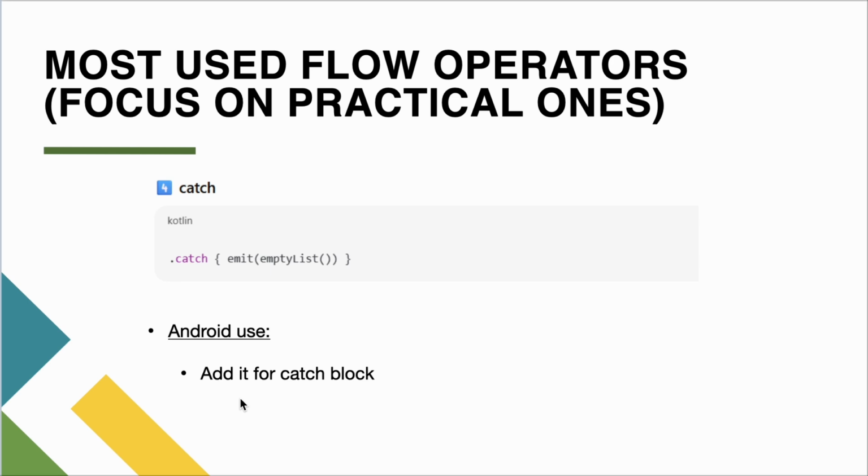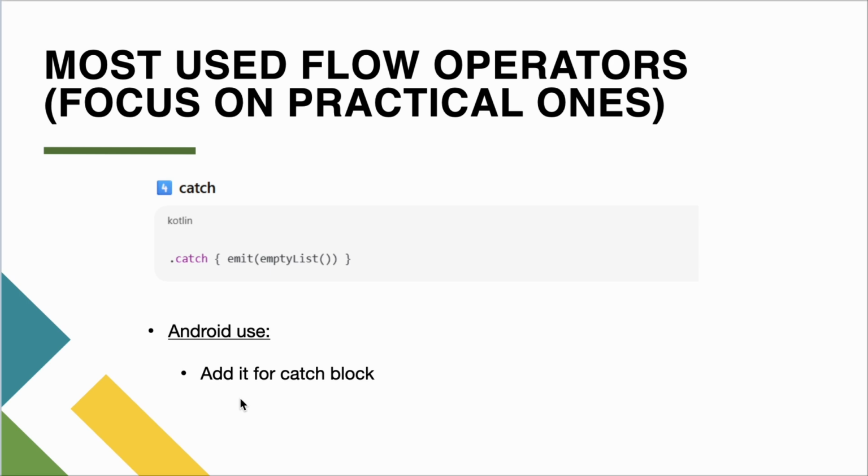I hope you remember that just a few minutes back we were discussing the kitchen tools, right? Where you would want to catch something, you would want to handle something. So that is nothing but the fourth operator in the flow series, that is dot catch. And let's say for example, assuming you are getting a list and the list might come as an empty list. So where will we handle that?